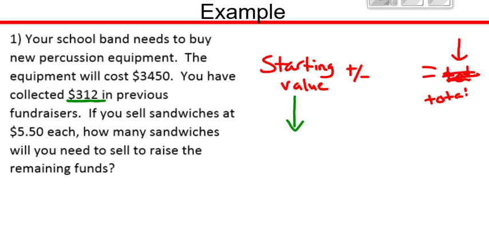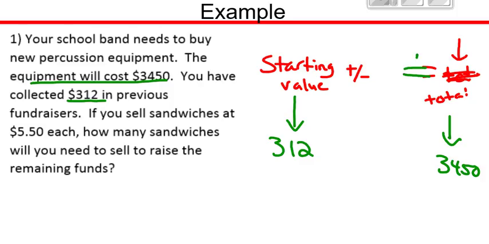So I already have $312. And if I back up a little bit, it says the equipment will cost $3,450. So that's my total. That's how much it's going to cost altogether. So that's going to go over here. And don't forget my equal sign is here.